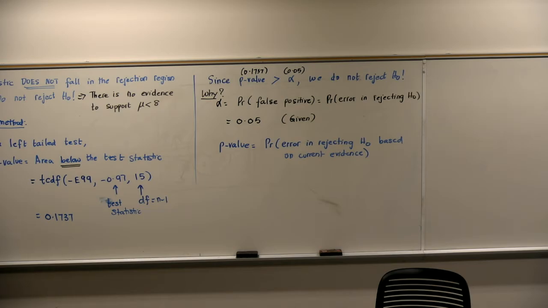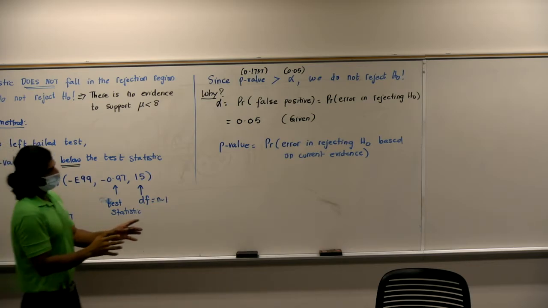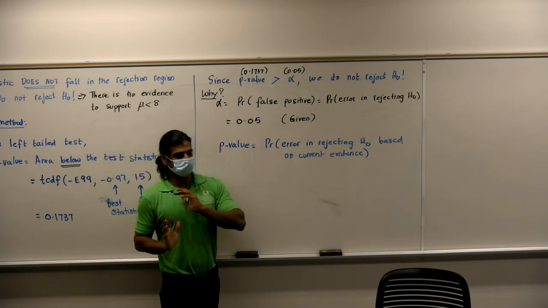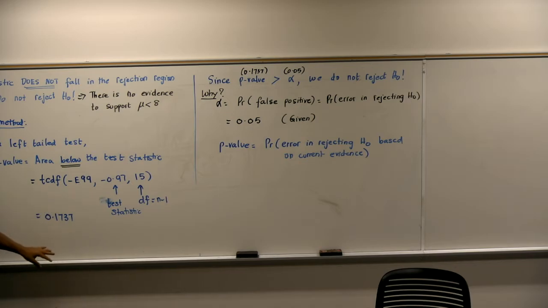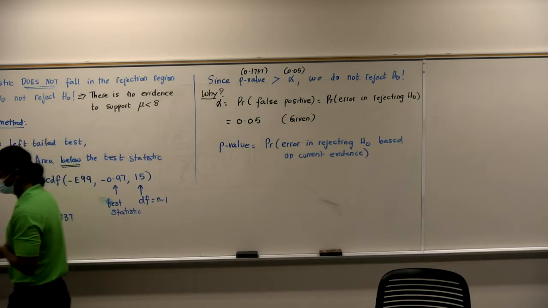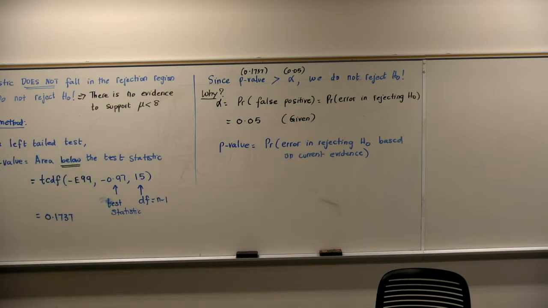Now that we have observed evidence, what are the chances that I could be wrong if I rejected the null and said, oh, there is support toward the claim? That error probability is 17.37%. Would you want to make a conclusion knowing that there is a 17.37% likelihood that you would be wrong? No. Absolutely not.